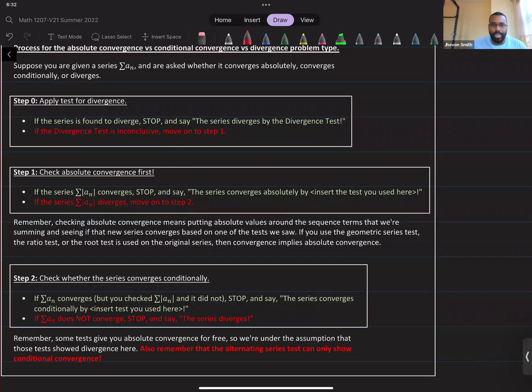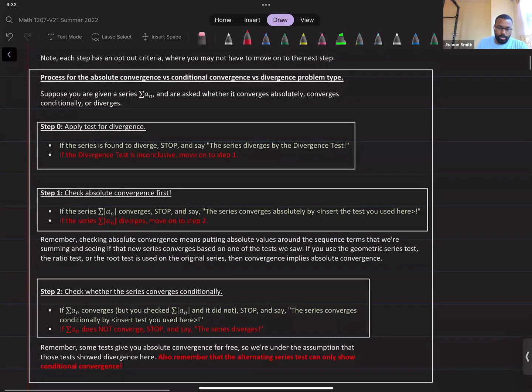You have a list of 10 things you can try, so how do you know which one to use on the series? We're going to talk about that, because knowing when to apply which method is part of the game. But let's do some examples of this process, determining absolute convergence versus conditional convergence versus divergence.